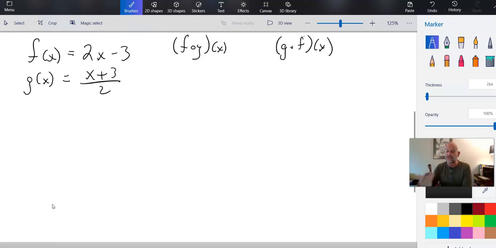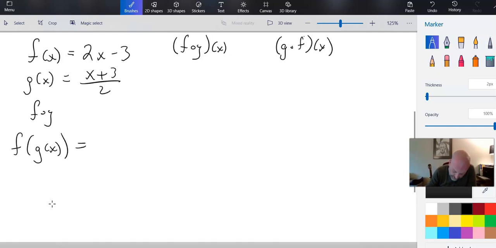Okay, so I'm assuming you've paused. If we're looking at F composed with G, we're doing F composed with G of X. F takes its input, multiplies it by 2, and then subtracts 3 from it. The input is G of X, and we know the expression for G of X, so we can plug that in.